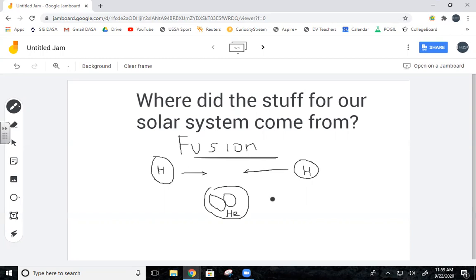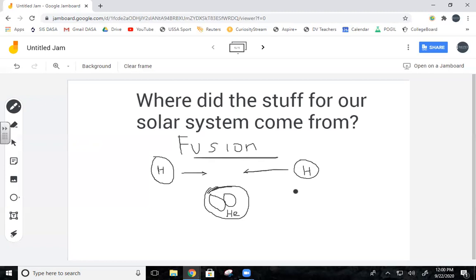Hydrogen atoms run into each other, they create a helium atom. And when that happens, it releases a lot of energy, at least for these little tiny things. This can only happen in the core of a star.